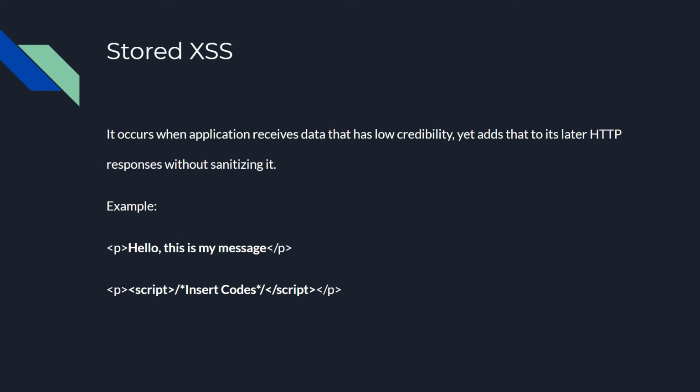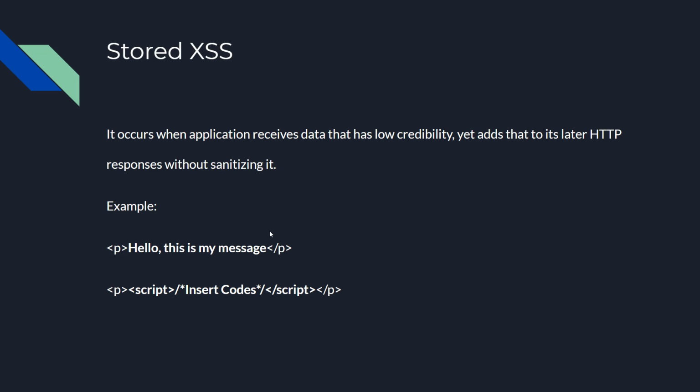Stored XSS is another type of cross-site scripting. It occurs when an application receives data that has low credibility, yet adds that to its later HTTP responses without sanitizing it. An example would be a website that allows users to input something that everyone else who browses the site would also see. The input would be this one, the input that the developer wants to receive.